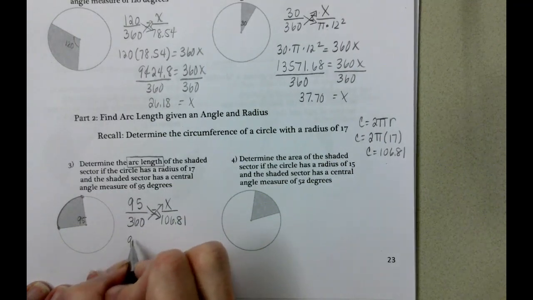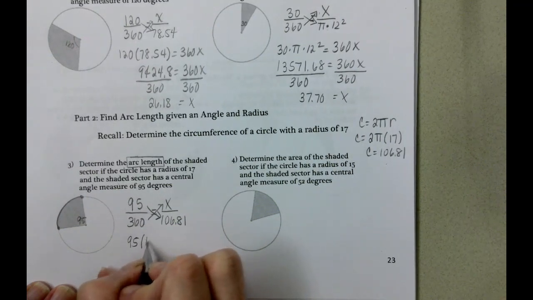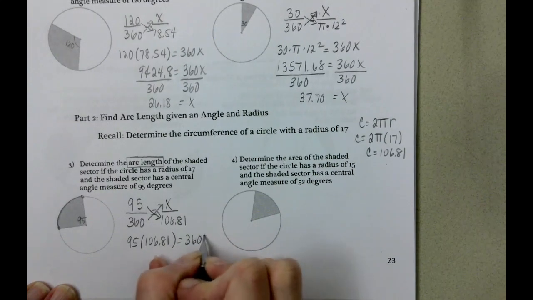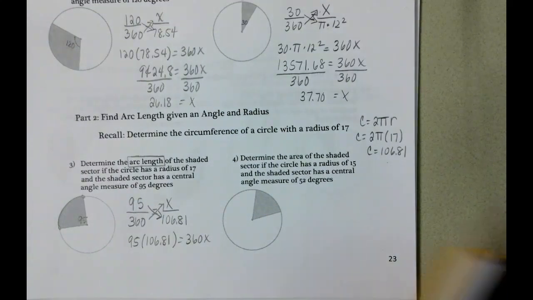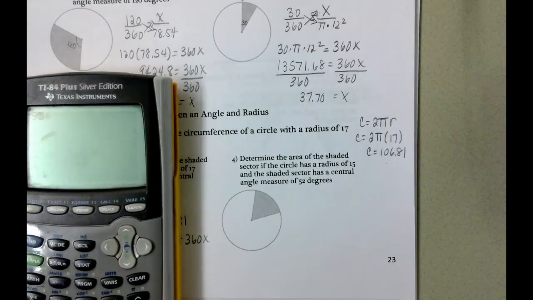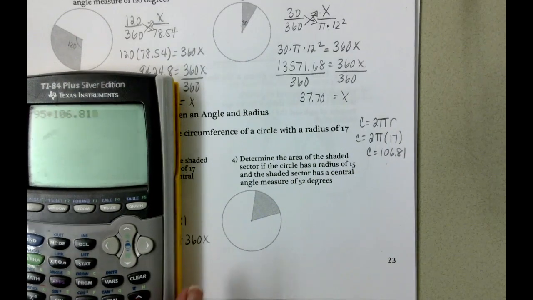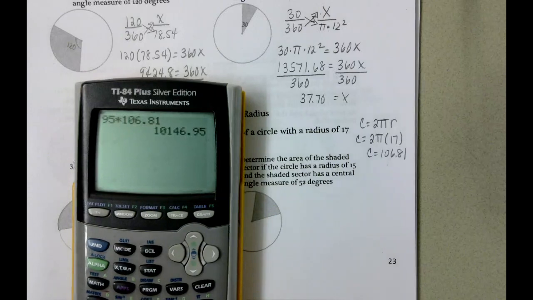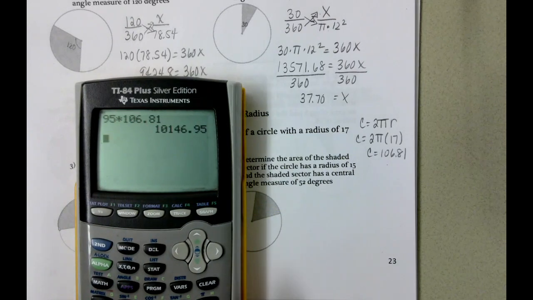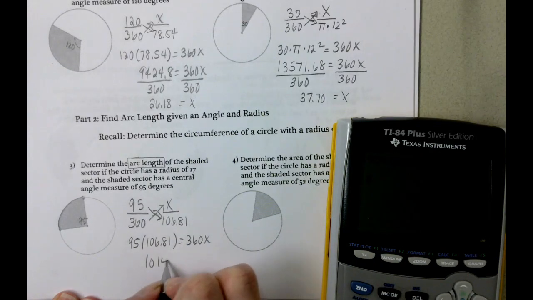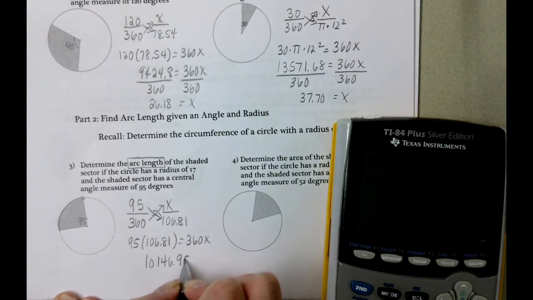So we get 95 times 106.81 equals 360x. 95 times 106.81 gives us 10,146.95. And then that's equal to 360x.